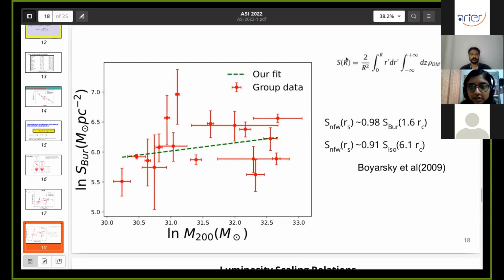This is another quantity which is typically defined in the literature as the column density of dark matter. So for completeness, we have also determined the column density and plotted it against M200. Again, we are getting a positive correlation here for the column density of dark matter. So basically, this particular quantity is not universal, and it has a variation with mass.